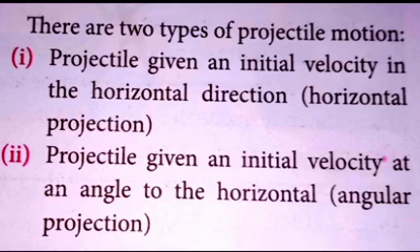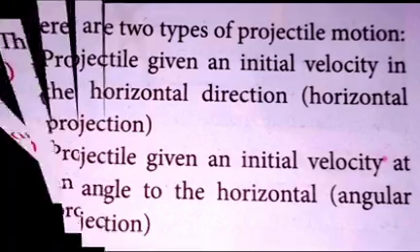Then angular projection means the projectile is given an initial velocity at an angle from the ground, it reaches a certain height and then reaches the ground. For example, the goalkeeper kicks the ball from the lower region to another region, that is an angular projection.